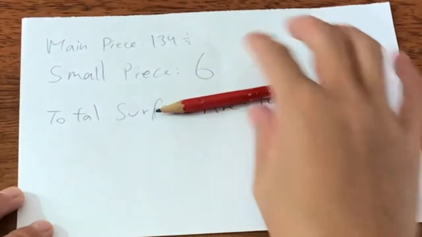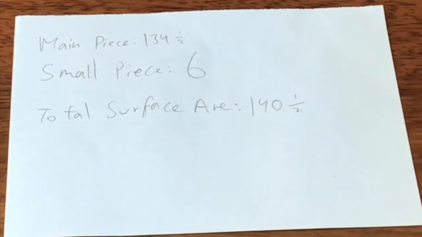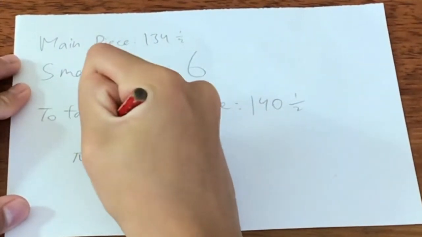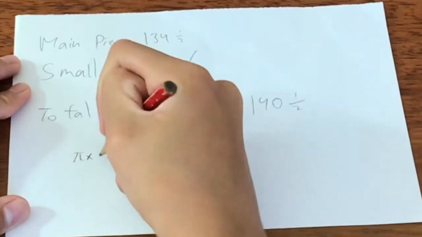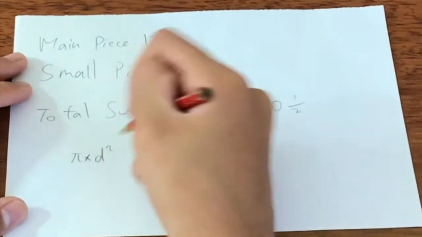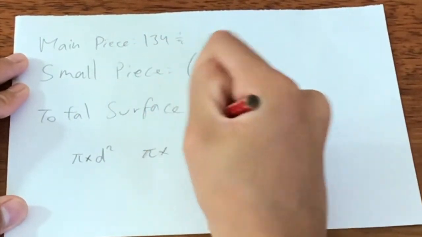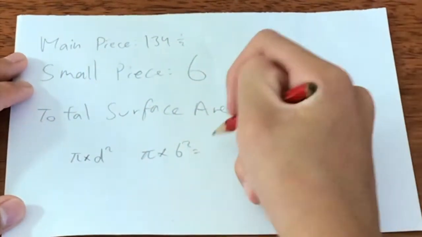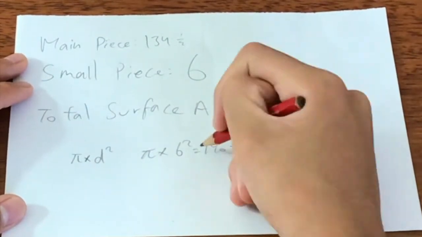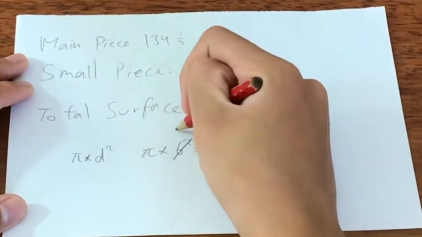So that's an approximation. Now, as I told you before, the formula is pi times the diameter squared. The diameter is 6, so pi times 6 squared is 140 and a half. 6 squared is 36.